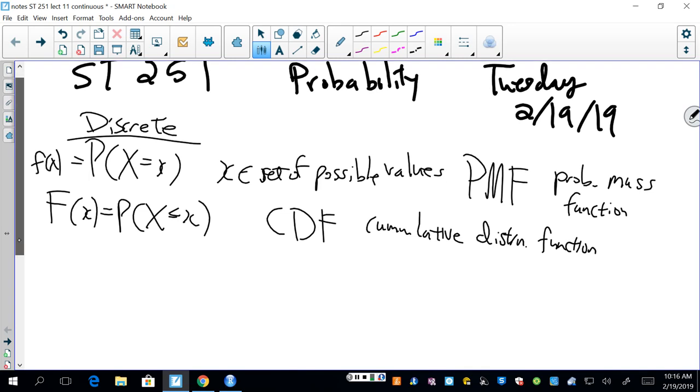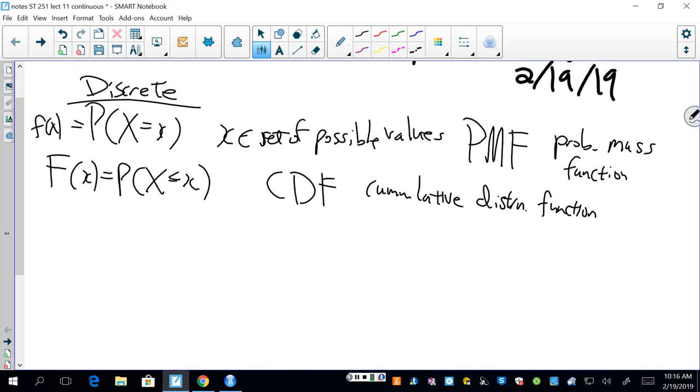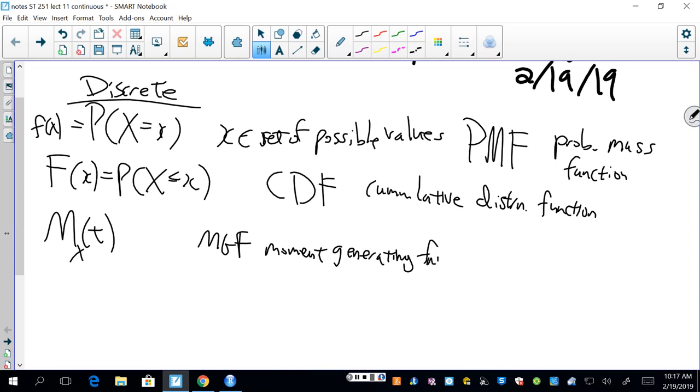Another primary way of giving information about what distribution you're using is the moment generating function for a random variable. For almost every distribution we'll encounter, the probability distribution has a corresponding moment generating function.